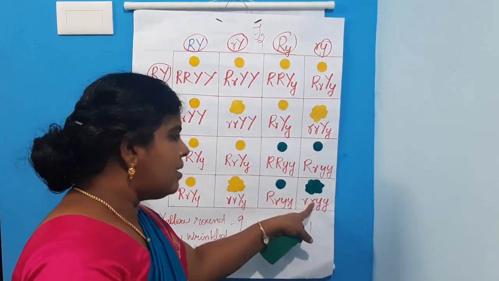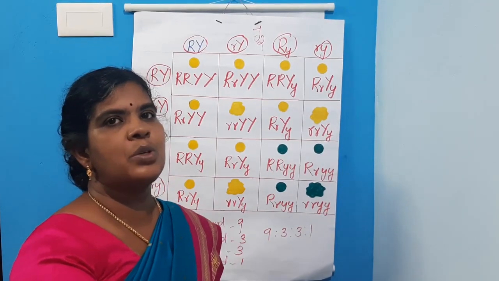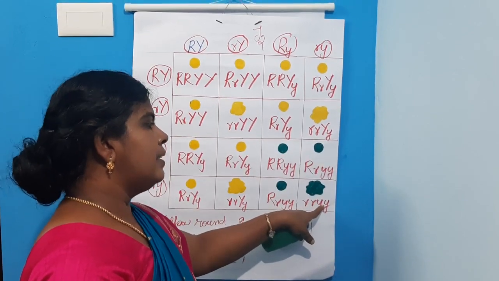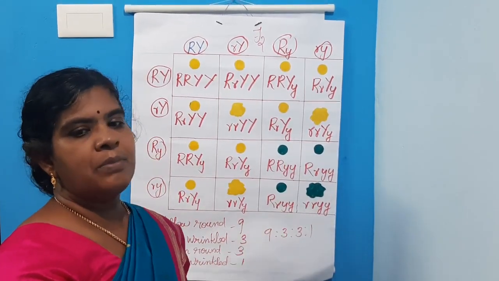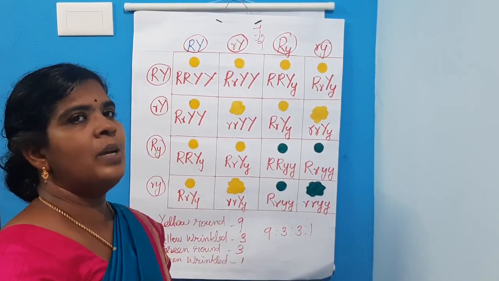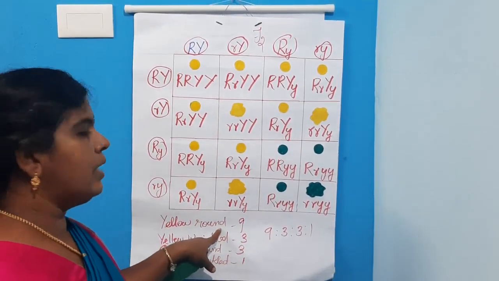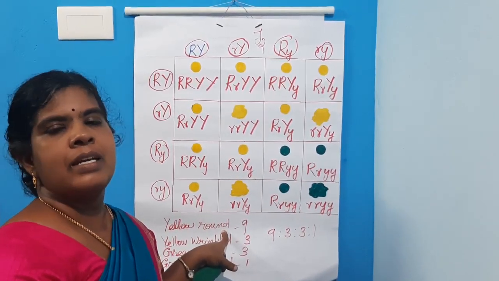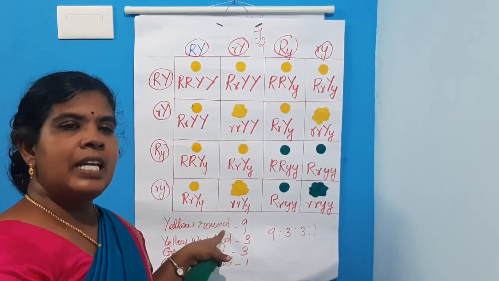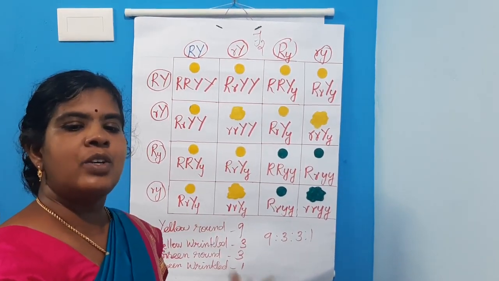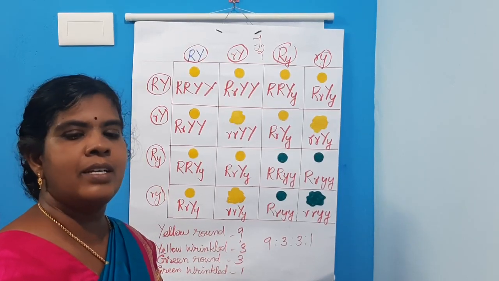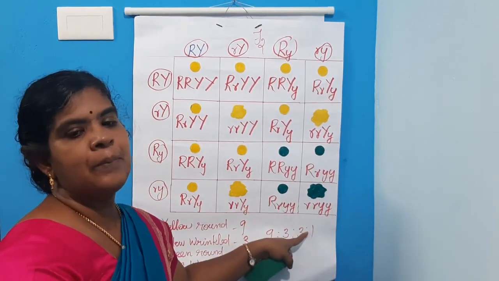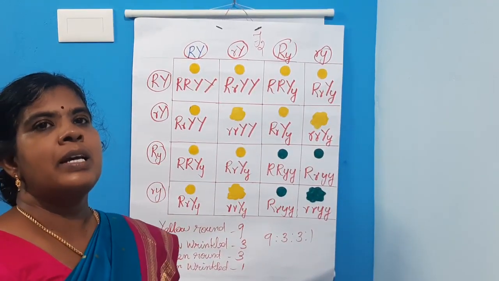Another 1 is the recessive. 1 hybrid shows the recessive character, 2 recessive characters, that is green wrinkled. That is the one with 2 recessive characters. So 9 hybrids with 2 dominant traits, 3 with 1 dominant and 1 recessive, another 3 with another dominant and another recessive trait, then only one, this one only, with 2 recessive characters.